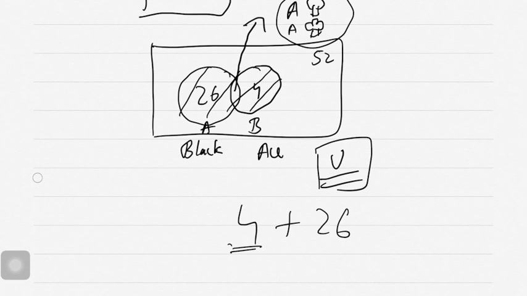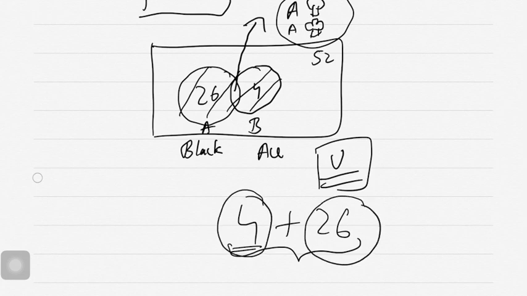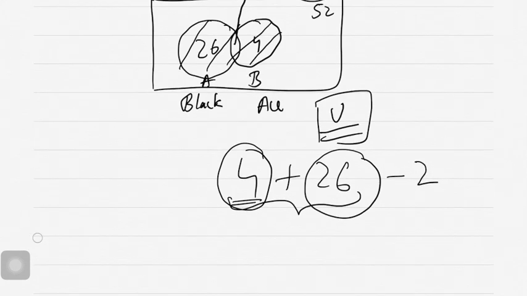There are 2 cards which are in the ace cards as well as in the black cards. So those 2 cards are getting repeated.